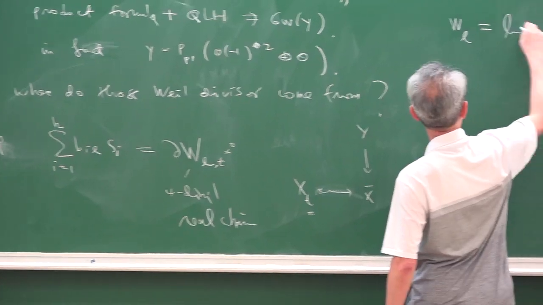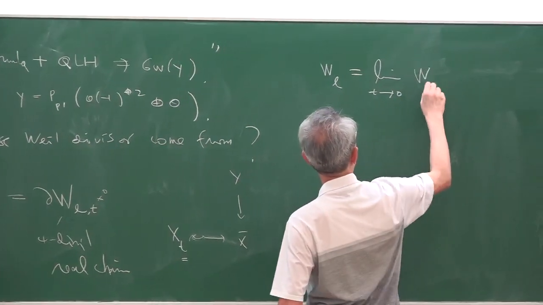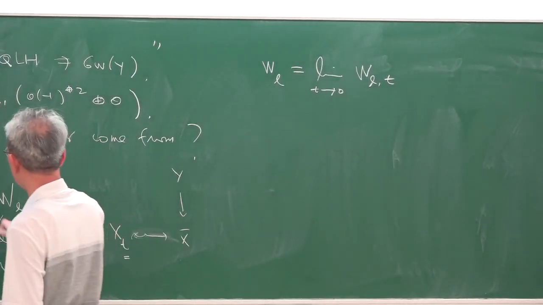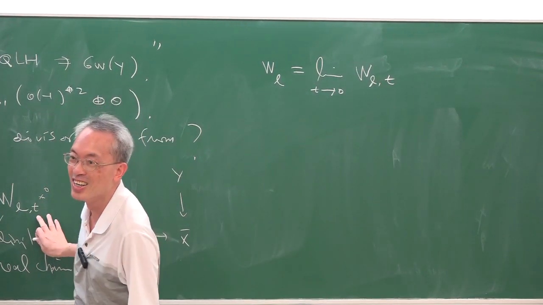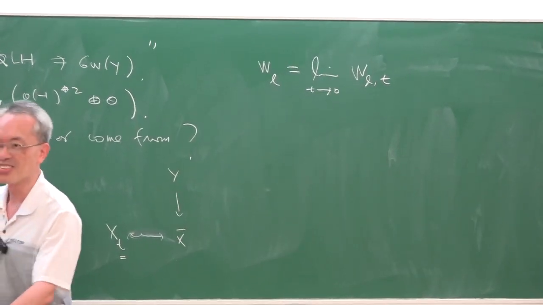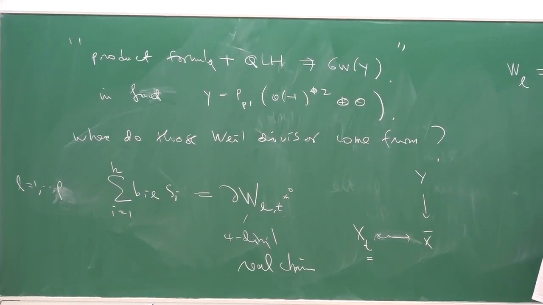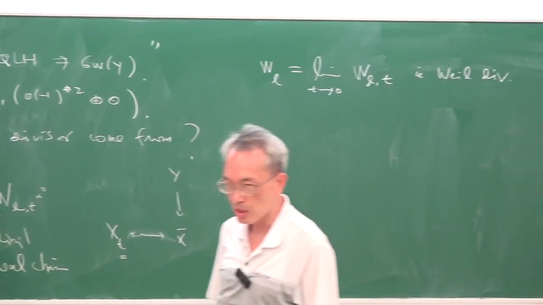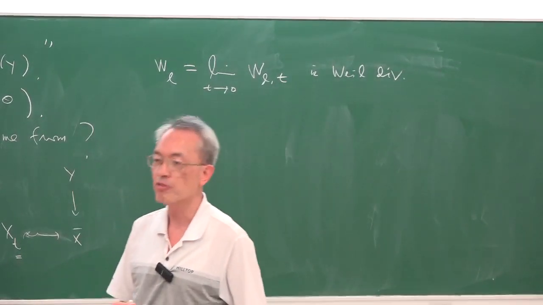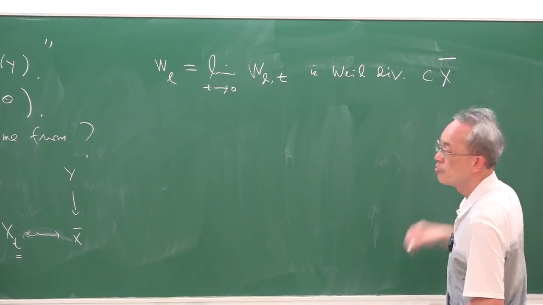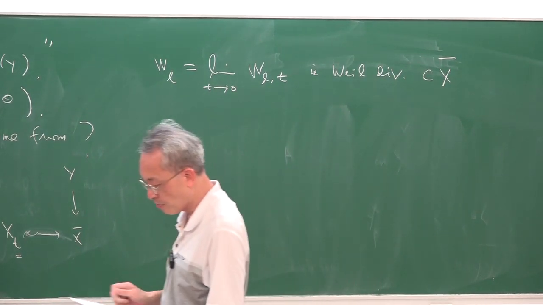It's nothing but the limit. So when you take t equals 0, this suddenly becomes a cycle. And this suddenly becomes the thing you want. It's a holomorphic cycle, yeah, a single cycle.